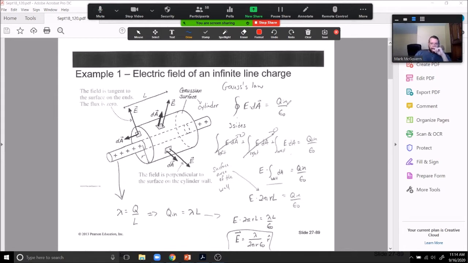So cylinders match the symmetry of a line. The line goes right through the axis of the cylinder, and that means the left-hand side integral can now be broken up into 3 integrals because the Gaussian surface has 3 sides. It's got the left, the right, and the wall.